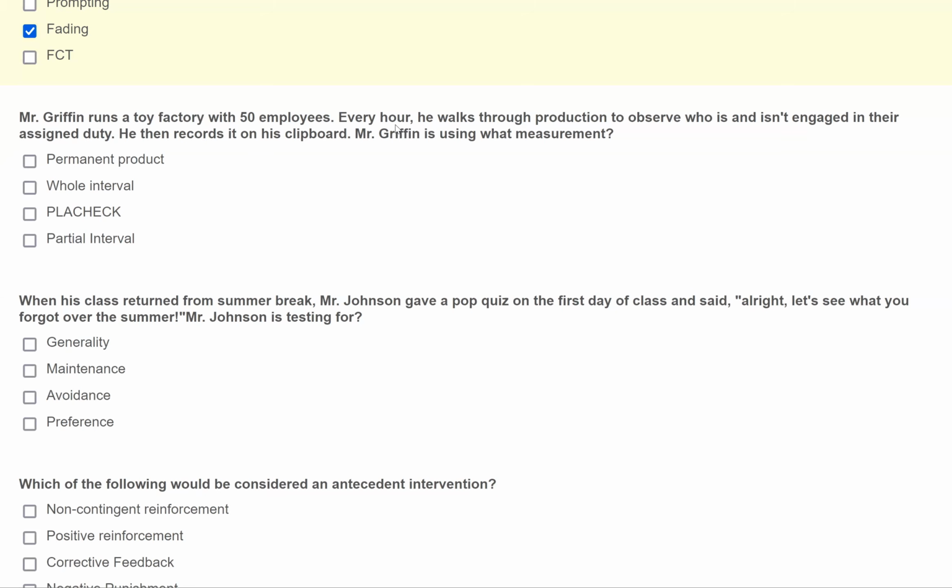He's not doing that. Again, he's doing only at the end of every interval. He's using a PLA check or a planned activity check. A planned activity check is just a type of momentary time sampling where we are looking to see if members of our group are engaged in the response or the instruction, or in this case, the duty.